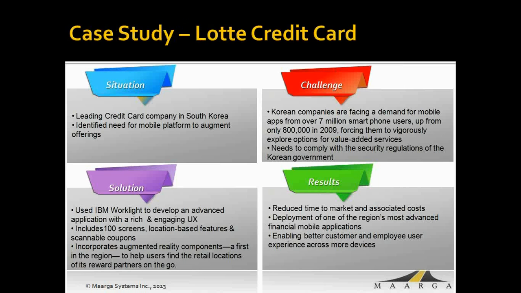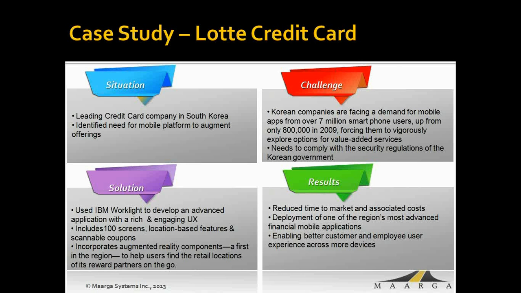So the first case is of this company called Lottie, which is a credit card provider based in South Korea. Based on their research, they identified a need for a mobile platform to augment their service offerings. Now the challenge that they were facing is that South Korea had seen an explosion of smartphone users.